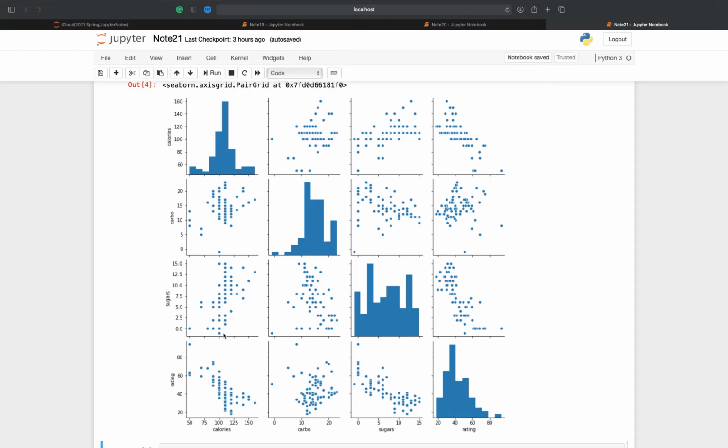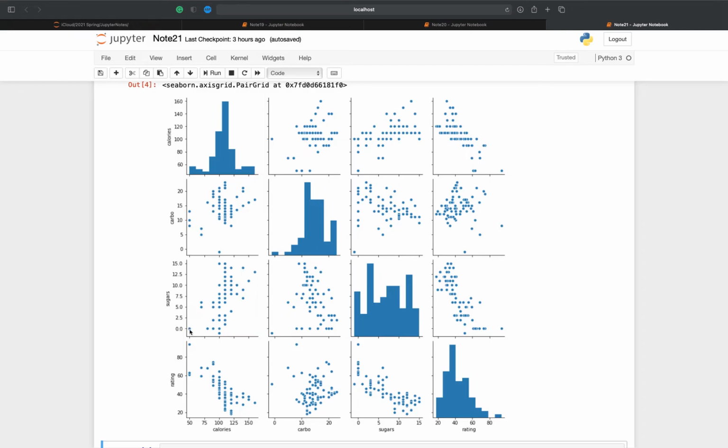So for example, in this one you will see the calories for all the cereals are mostly between 75 to 100, but there are a couple of cereals that have a higher calorie based on sugar, and then a lower calorie based on sugar.